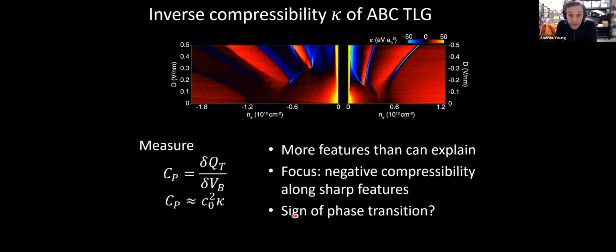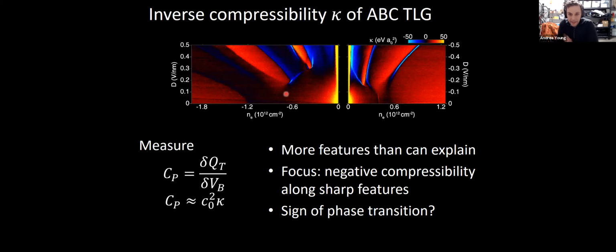So again, this is a measurement of the penetration field capacitance, where using our knowledge of geometric capacitances in the device, one can plot it as the inverse compressibility in basic units. And this is a very featured plot. There are many things here.